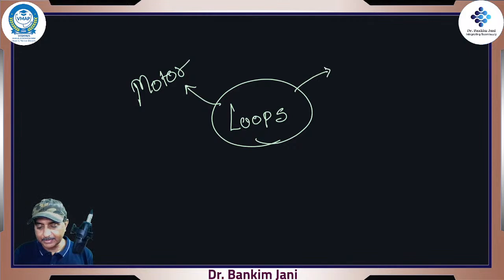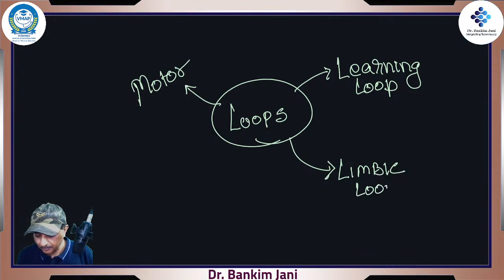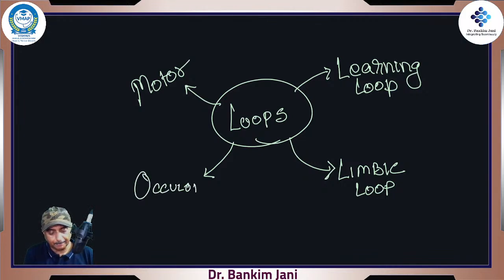Then second, the learning loop. The third one is the limbic loop, which is emotional movement, right? And the fourth one would be the oculomotor loop.